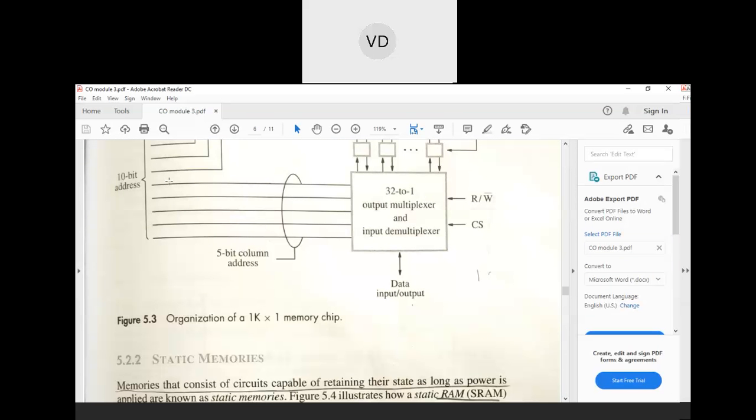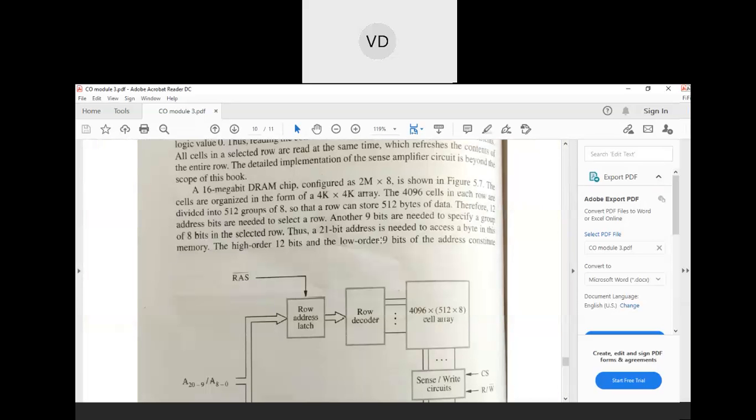In a similar manner, here we are having 4096 cells, and for that 21 bits of address are required. Out of these 21 bits, 12 bits are required to select one complete row. When you select a complete row, all 4096 cells of that row will be selected.